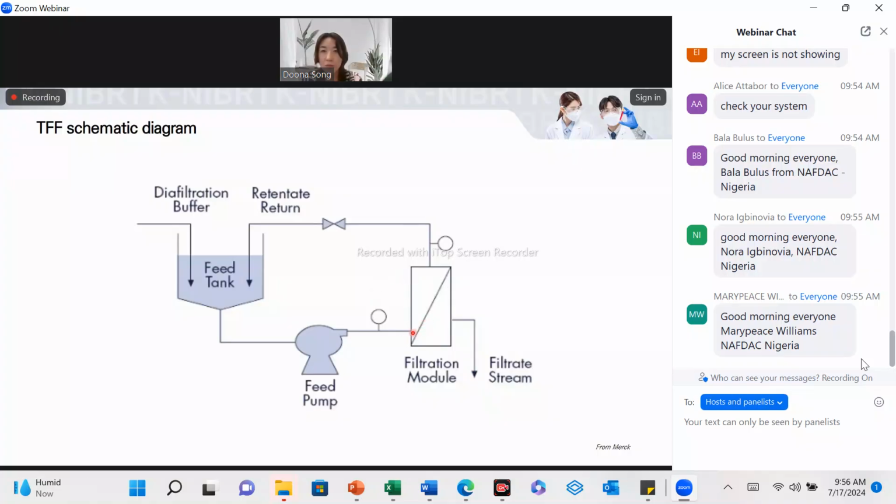Larger molecules are retained and returned to the feed tank. Retentate continues to flow parallel to the membrane and recirculates back to the feed reservoir. Permeate is filtered out and collected in a separate container or wasted. Such continuous operation and recirculation of TFF are beneficial for large-scale operation.